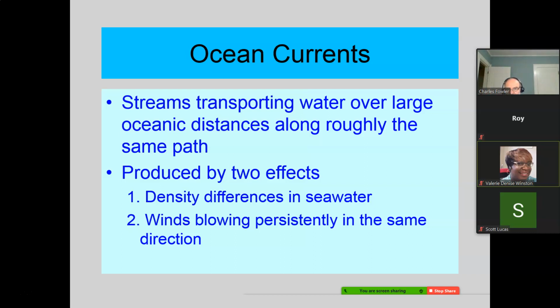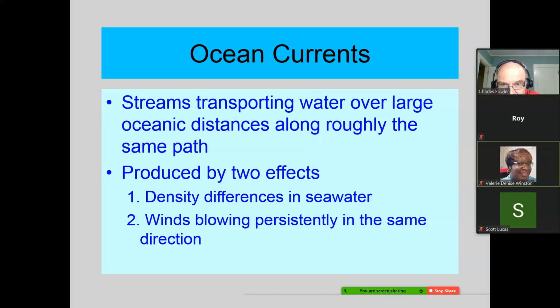But if you have prevailing winds that blow persistently in the same direction, that motion can go deeper and actually create currents that are deeper movements of water. But usually your density differences will be more in depth and go much deeper. The wind-driven currents will stay near the surface.